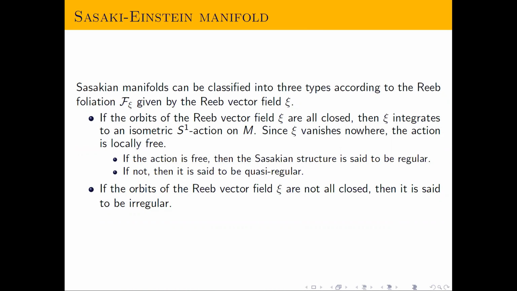If this action is free, then we say this Sasakian structure is regular. If it's only locally free, then it's said to be quasi-regular. And if you have orbits which are not all closed, then we say it's irregular. So you have these 3 types of Sasaki manifolds, classified by this Reeb foliation.